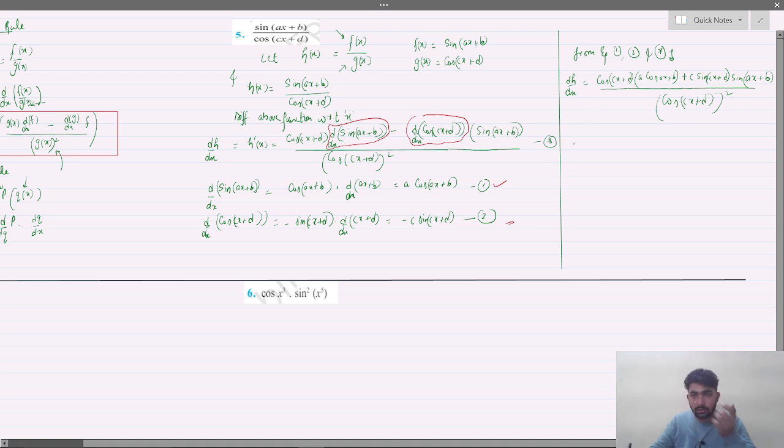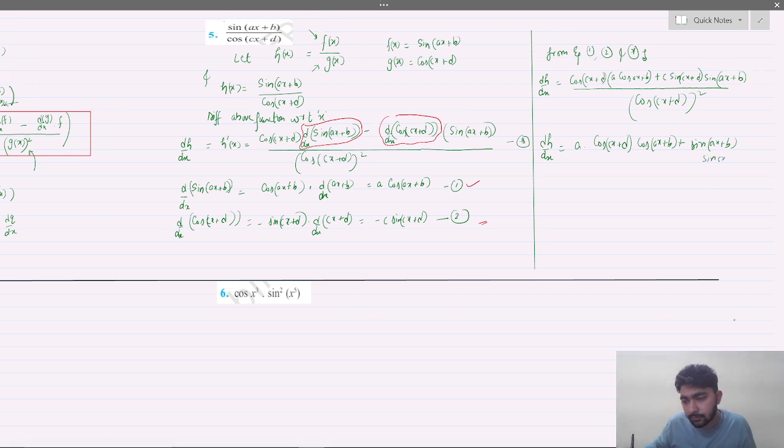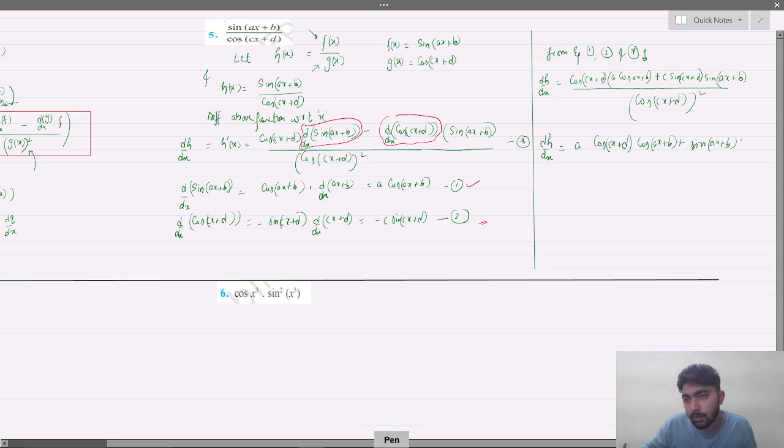So I hope you understood the thing. In a simpler manner, how we can write dh upon dx is equal to a, we can take here cos of cx plus d times cos of ax plus b, plus sine of ax plus b times sine of cx plus d, and c should be here.